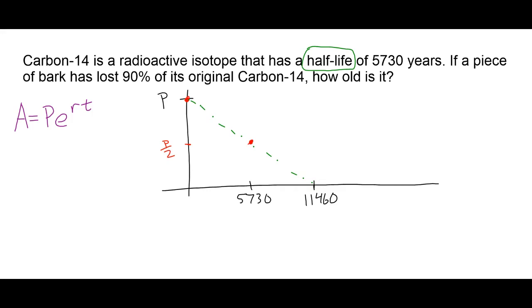What happens instead is, in 5,730 years, the half-life means it will cut any starting amount in half. So if your starting amount is here, in an additional 5,730 years, it'll cut that in half. So we had half to begin with, and then half again.